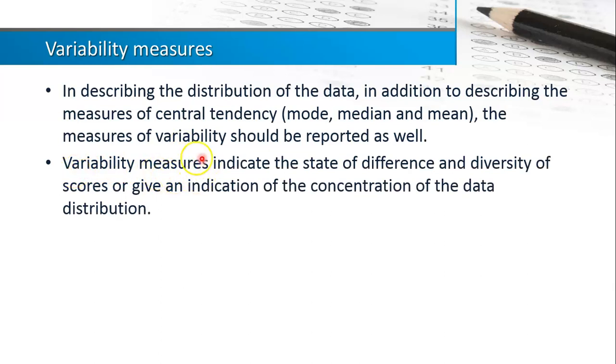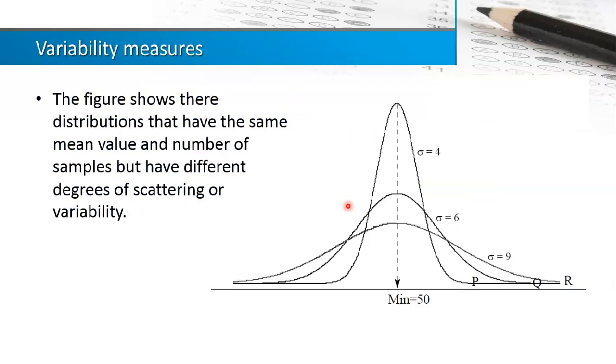There are many measures of variability, which always indicate the difference or diversity of the scores, in comparison with the central tendency of the scores. So variability tells us the concentration of the data distribution, whether it's scattered or very focused.